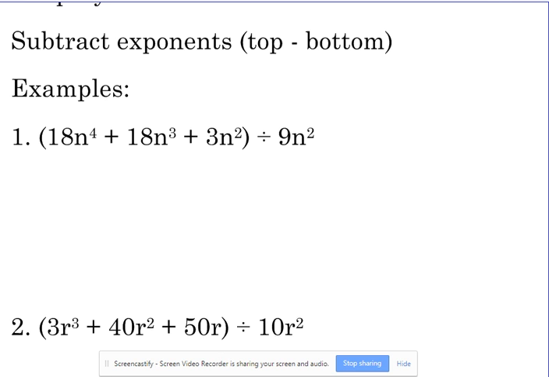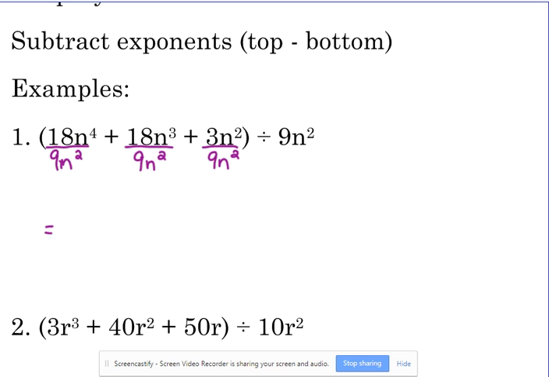So let's look at that first example. 18n to the fourth plus 18n cubed plus 3n squared divided by 9n squared. I think it's best to physically write what we're dividing by under each and every term, because that helps you keep up with where you're at.